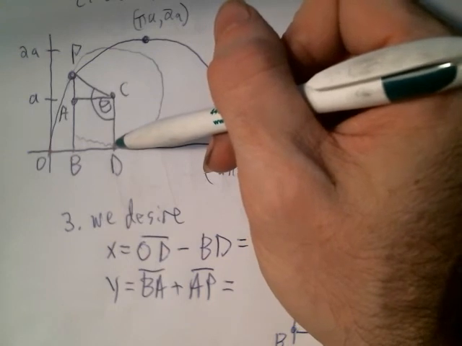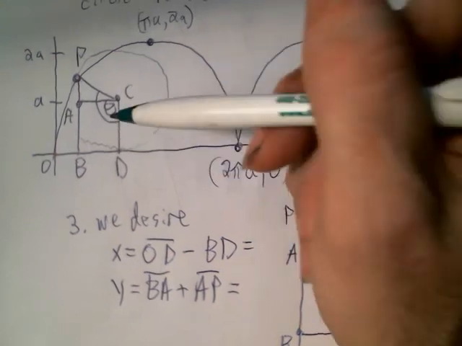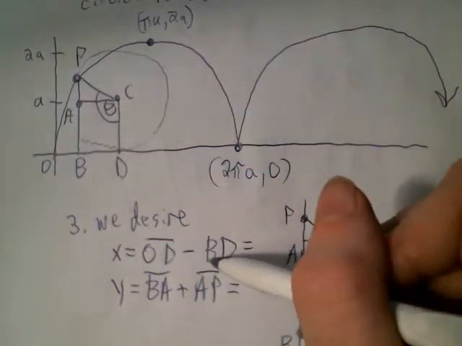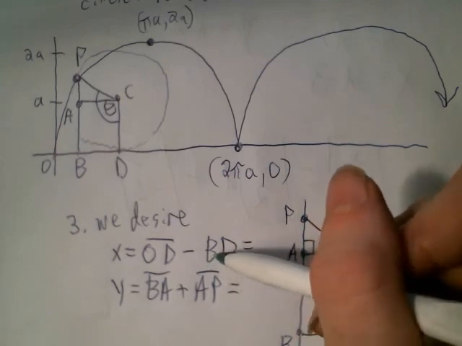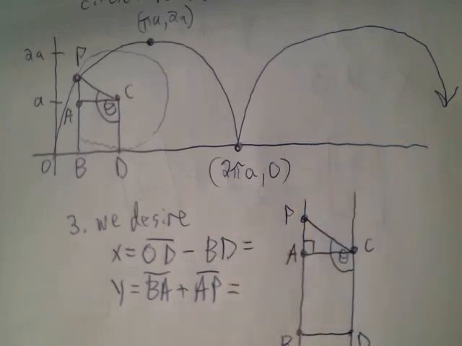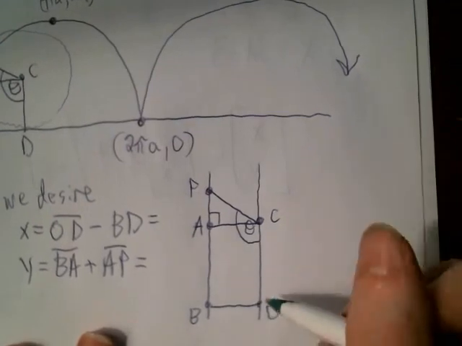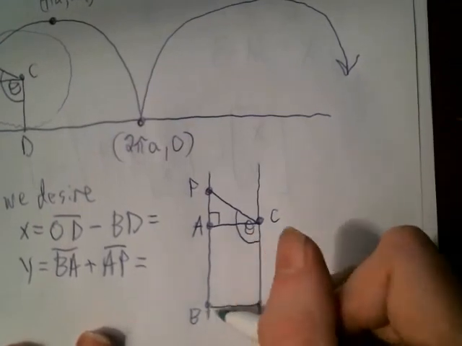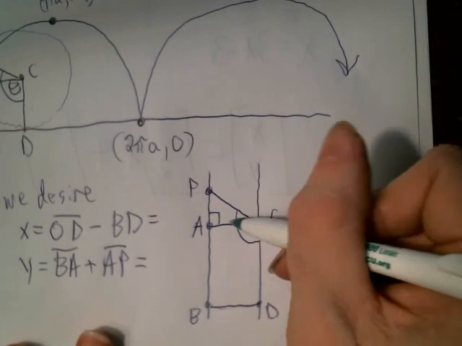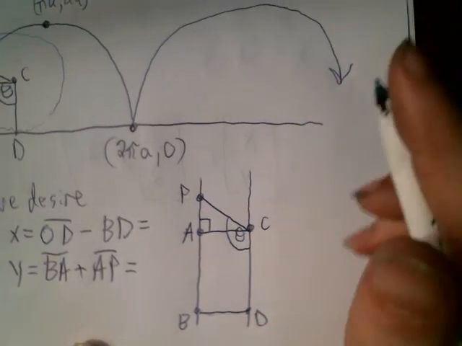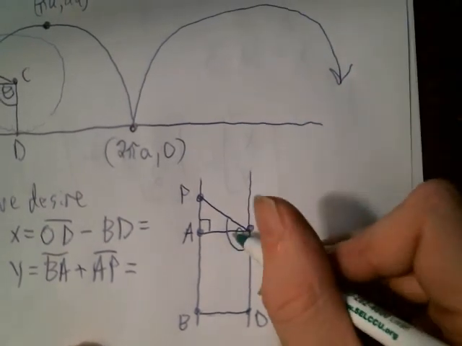Okay. So OD and BD are kind of issues. I need to get formulas for both of those, right? So BD is really just AC. So if I could figure out AC, I'd be in a good place.